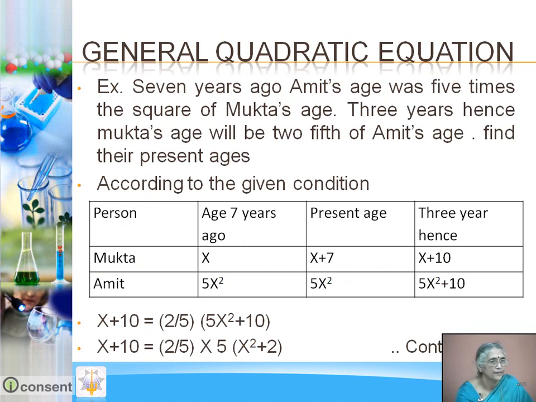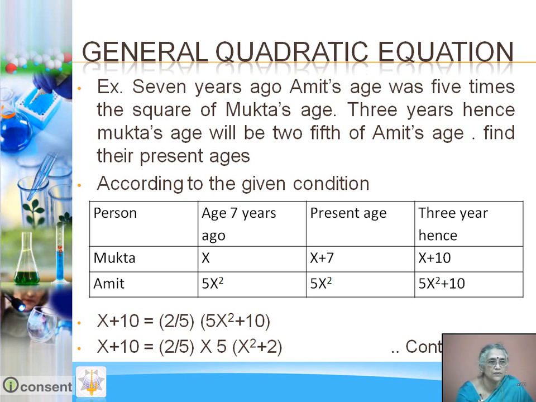Now consider one more example. 7 years ago, Amit's age was 5 times the square of Mukta's age. 3 years hence, Mukta's age will be 2/5 of Amit's age. Find their present ages.